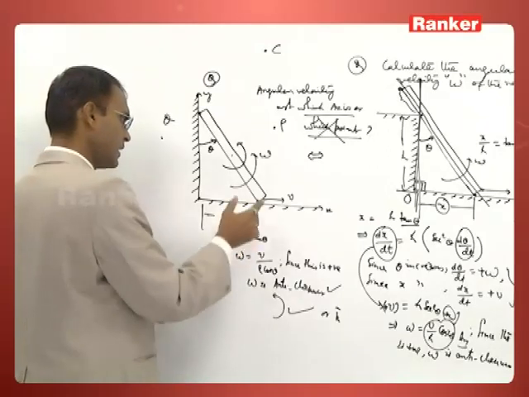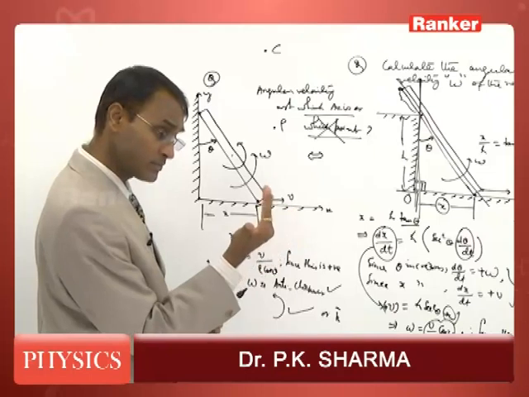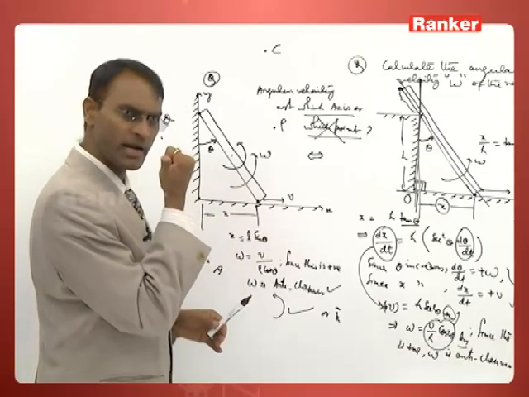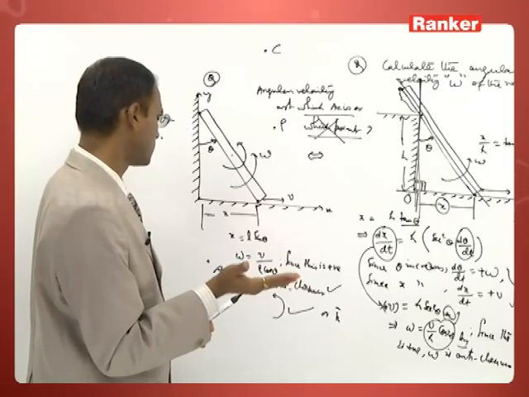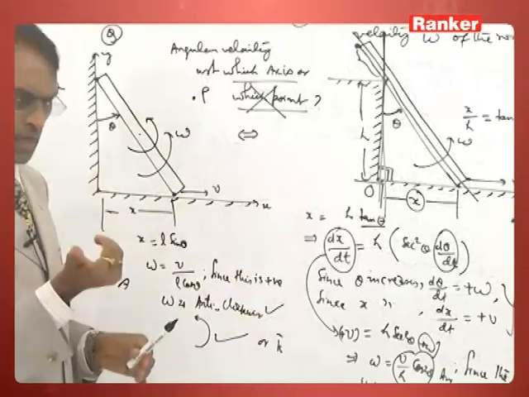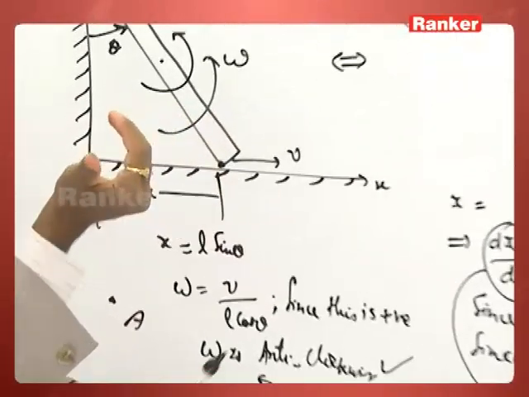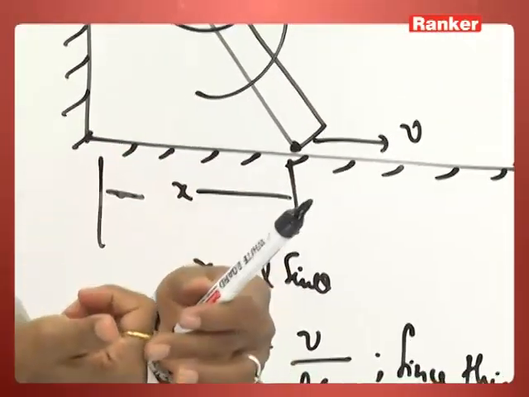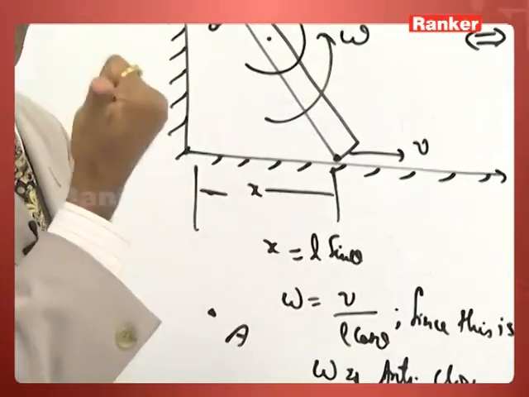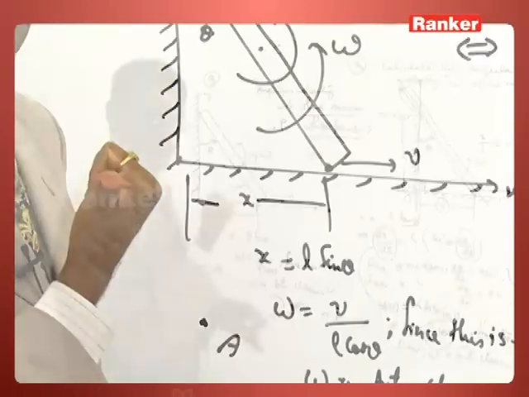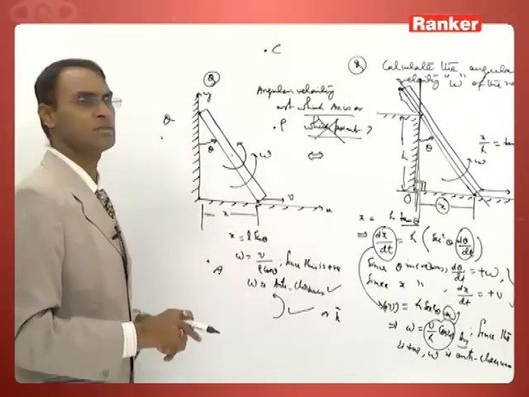Angular velocity is directed along the positive z direction because it is governed by the right hand thumb rule, which states that when the sense of the angular velocity, anticlockwise or clockwise, is given by the curling of your fingers of the right hand, the extended thumb will give you the direction of the angular velocity.